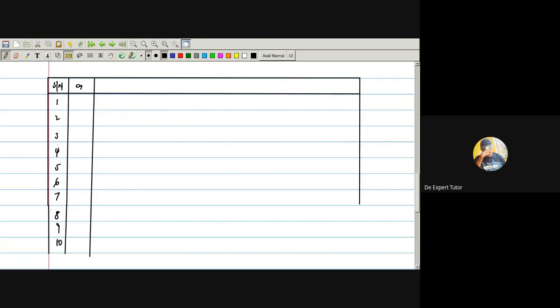They gave me the interval 1, 2. So that A is just 1. They gave me B, and that's 2.